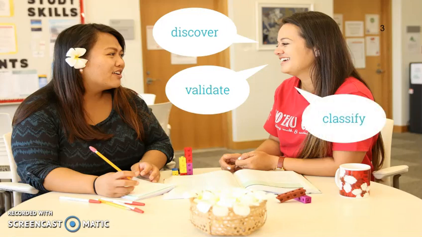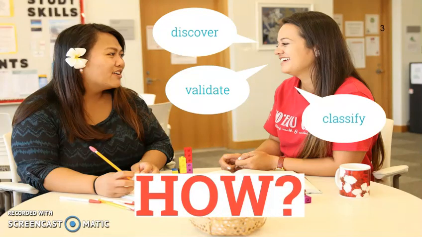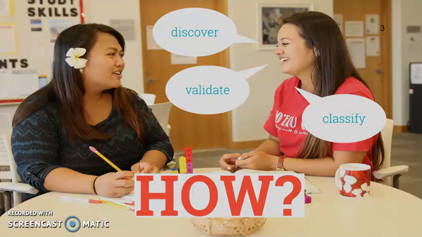And lastly, Lehua should be able to classify or form some type of agenda after negotiating with Rebecca. But you might be asking, that three steps seems great, but how on earth do I enact this in a tutoring session? We know from our readings that the first step in creating a tutoring session is to discover, validate, and classify. So let's learn how to do that.